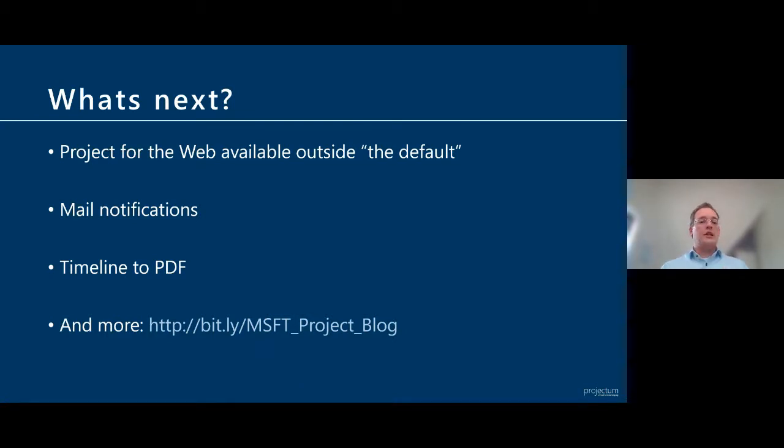Project for the Web currently resides in the default environment of Dynamics, which basically means that it is not production ready for large enterprise interfaces, because the default environment gives users too much permissions. Everyone will be able to create new apps in the default. Everyone will be able to delete everything in the default.